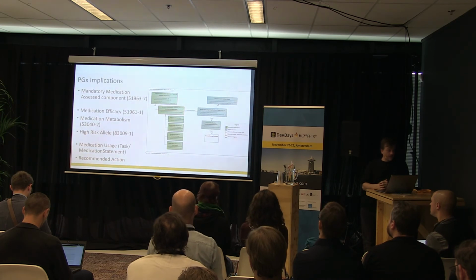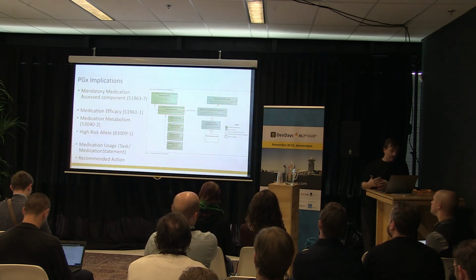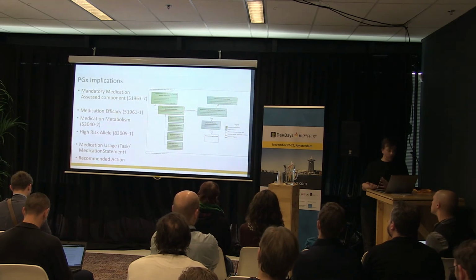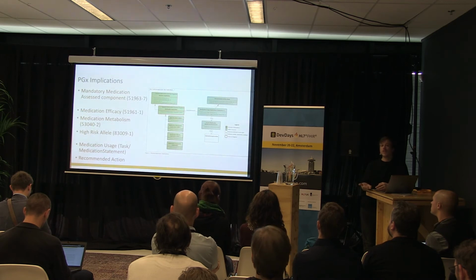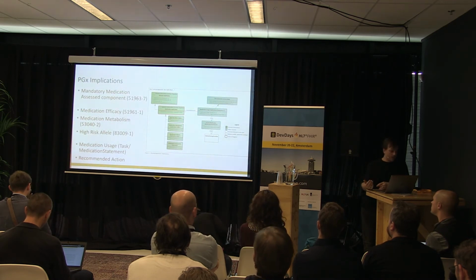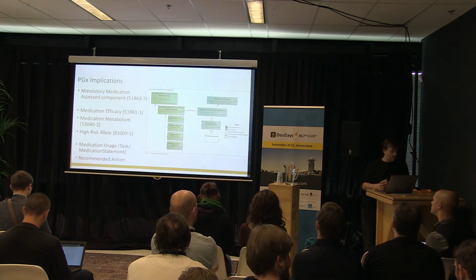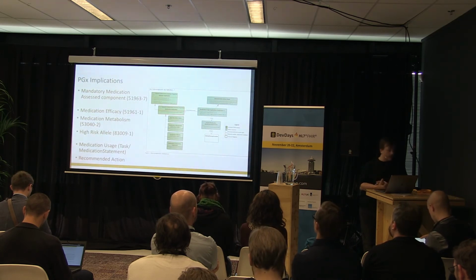Then we have the pharmacogenomics implications. There we have something like a mandatory medication which the patient should use based on a physician in charge. Medication efficacy, medication metabolism, high-risk allele.